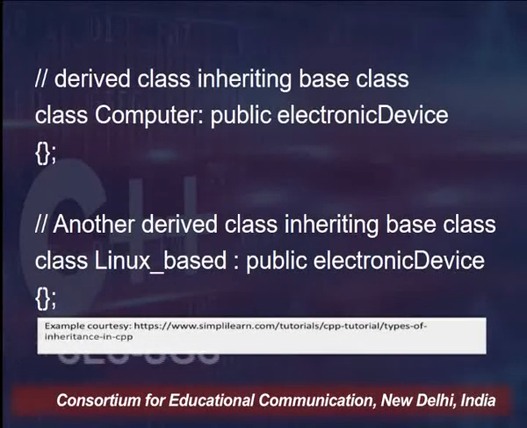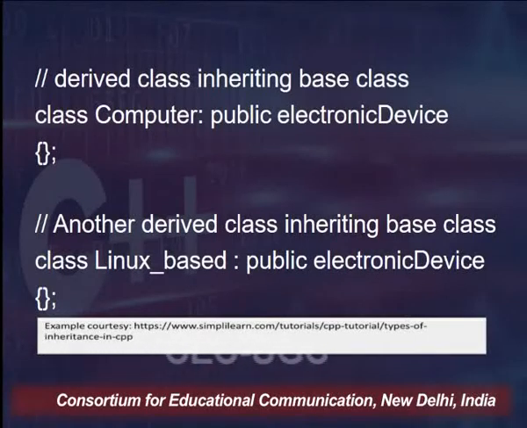So we have class computer, which is inheriting the electronic device in public mode. We are not giving any definition of this class for the sake of simplicity. Here you can give the definition according to the requirement of the application. So as per analogy, this is our class B.